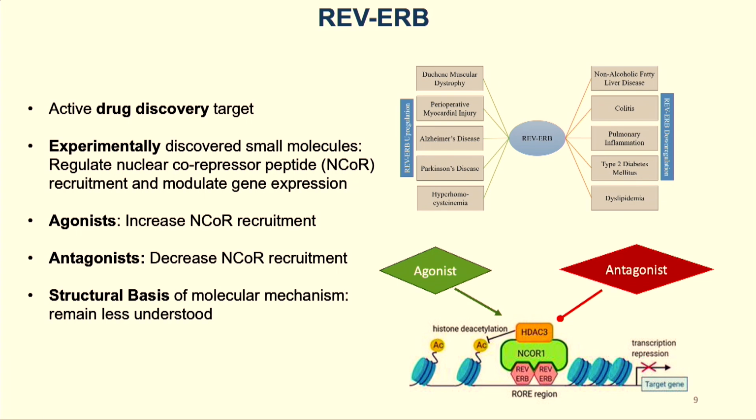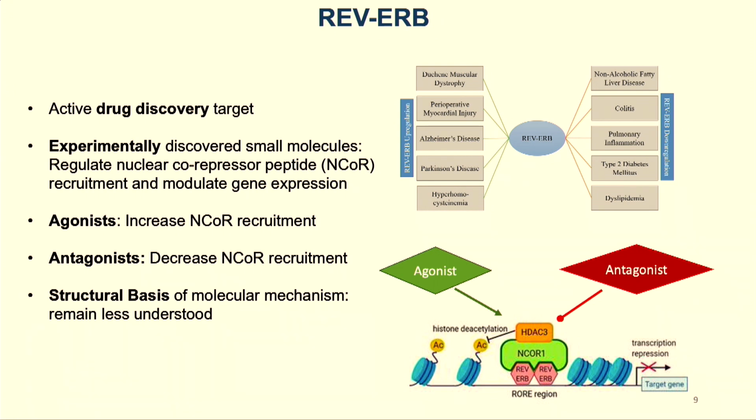Okay, I already told you that both of these have bad implications, and it has been found that, as you can see, there is a role in Parkinson's disease, in muscular dystrophy, in type 2 diabetes. So people have been trying to find small molecules which can target these. Now, one of the issues with these small molecules, which have been found mostly by using FRET assays and chemical screening, is that you find a molecule which has an effect.